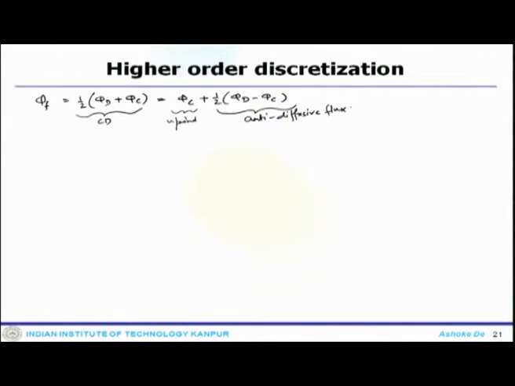C, D and all these are the standard notation of the upstream and downstream points.